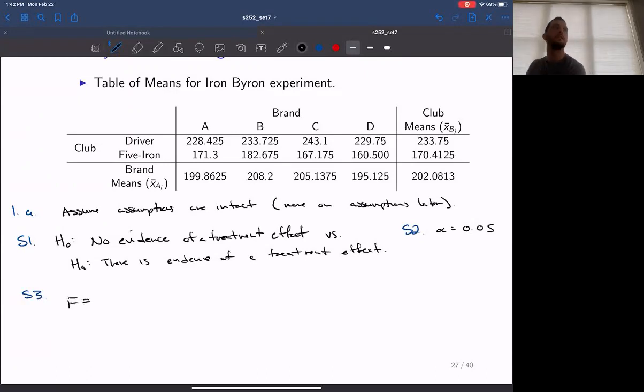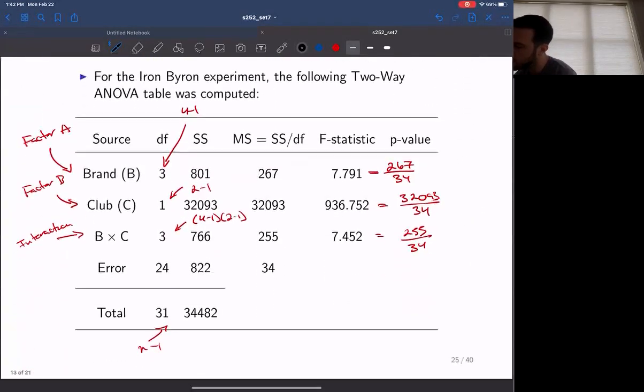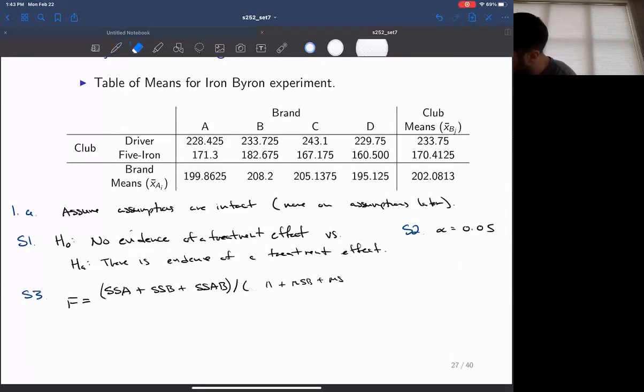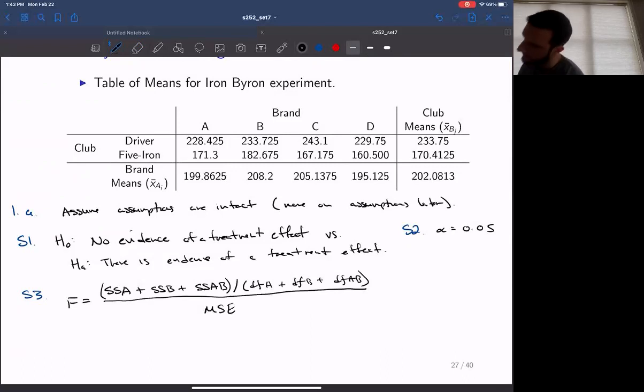So we're going to have F, and this is going to be SSA plus SSB plus SSAB divided by DFA plus DFB plus DFAB, all divided by MSE.